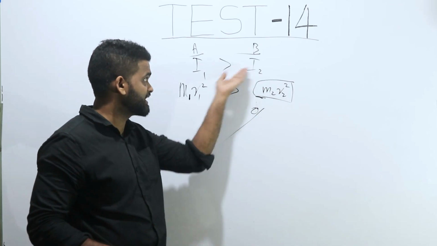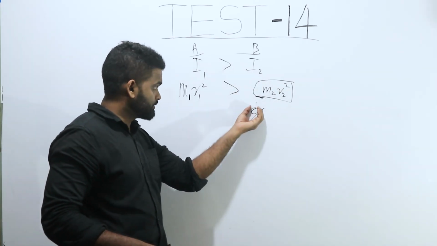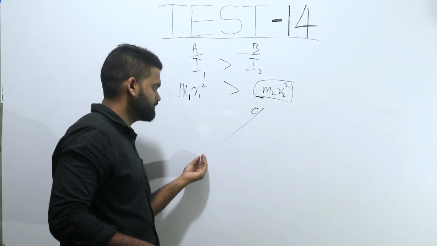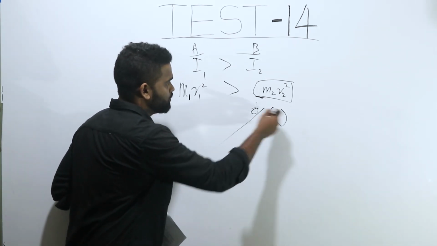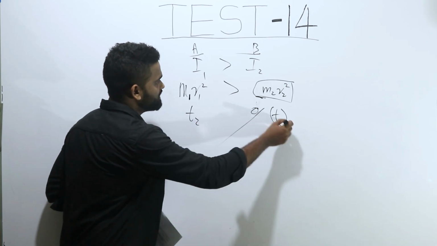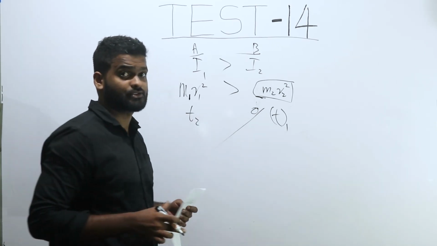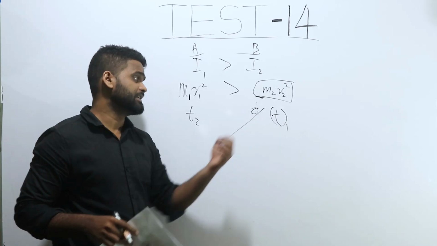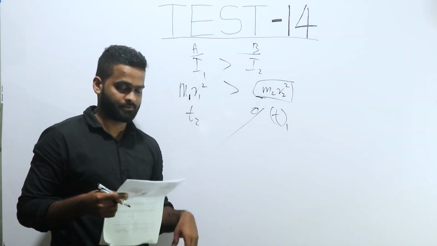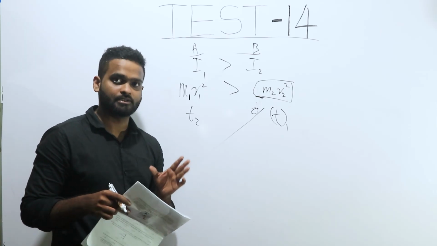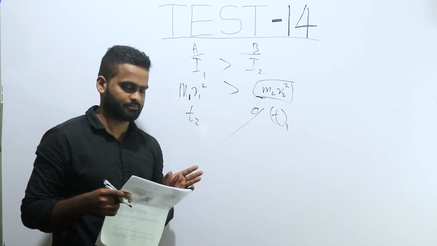Obviously, it has less inertia, it's given, right? So B takes a small time, A takes a large time. So actually, B reaches the bottom first. So the correct answer should be B only for the 12th question.